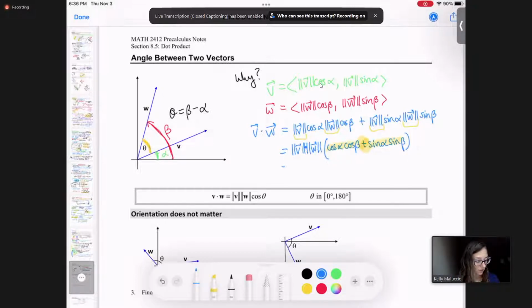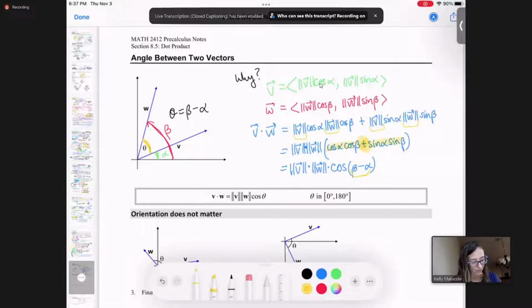So check this out. We are going to have the magnitude of v times the magnitude of w times cosine of beta minus alpha. And notice, maybe cleverly, beta minus alpha, what is that equal to? Theta.